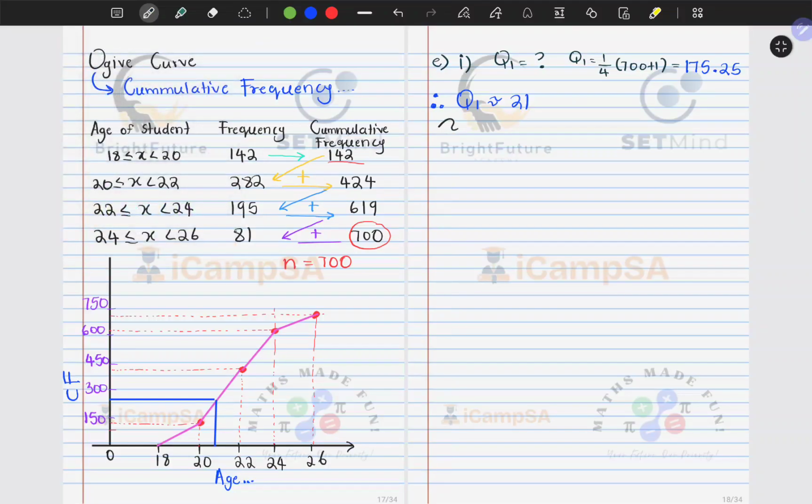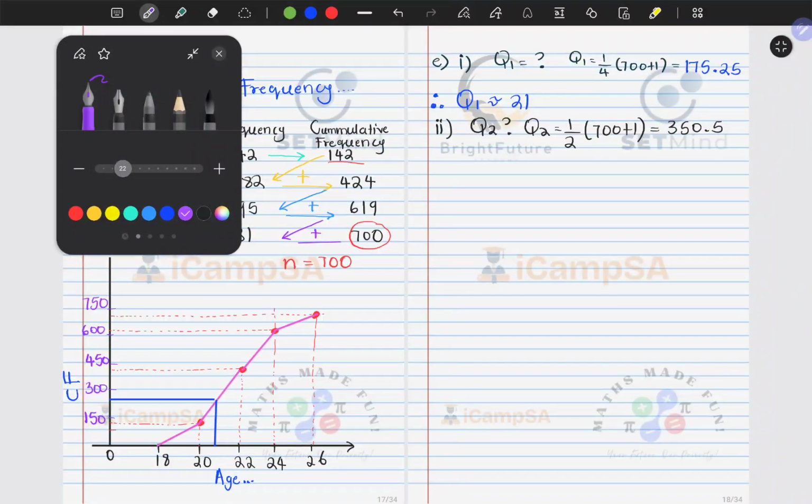And then now let's go to Roman figure number 2, where they are asking about Q2. So Q2 will be 1 over 2 into 700 plus 1. So we are going to have 701 divided by 2. And that is going to be about 350.5. Okay.